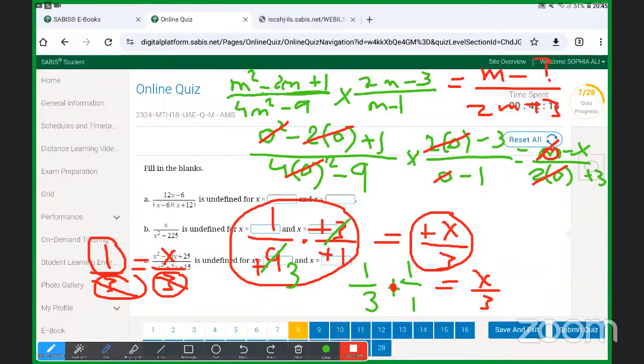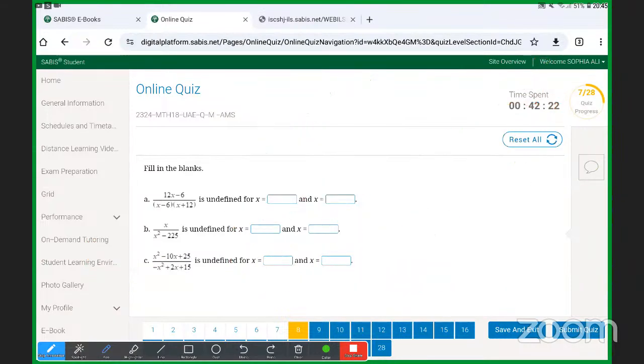Are you done? Okay. Next. 12x minus 6 over x. Okay, it is undefined for x equal to, now it is your turn to do it.